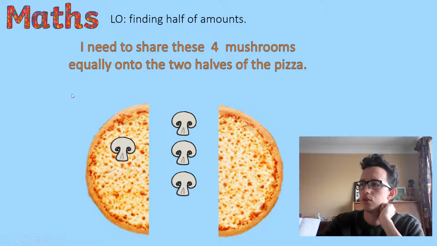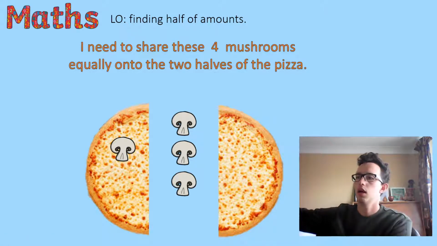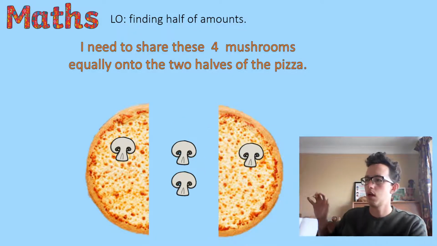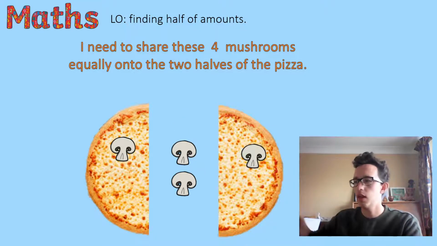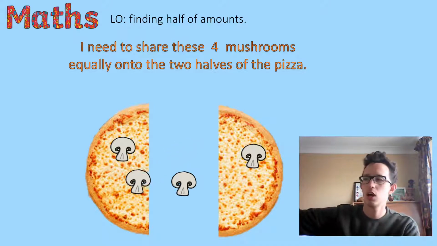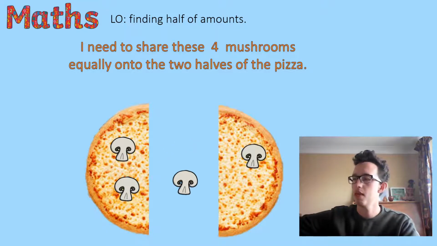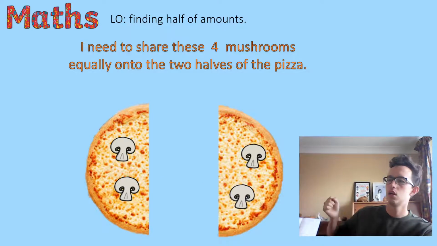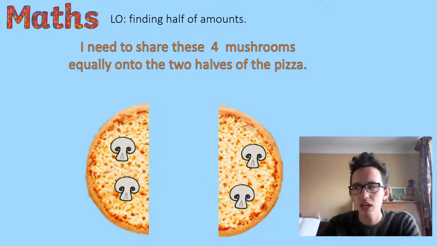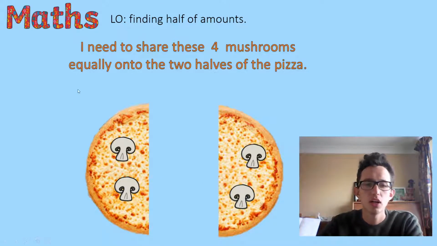So 1 goes there, and the next one, yeah, and the next one, I'm pushing that over onto the other pizza, and this one I'm going to pull it back onto this one. They're shared equally. Do you agree that they're shared equally because both pieces of pizza have the same amount? They are shared equally between those two halves of the pizza.